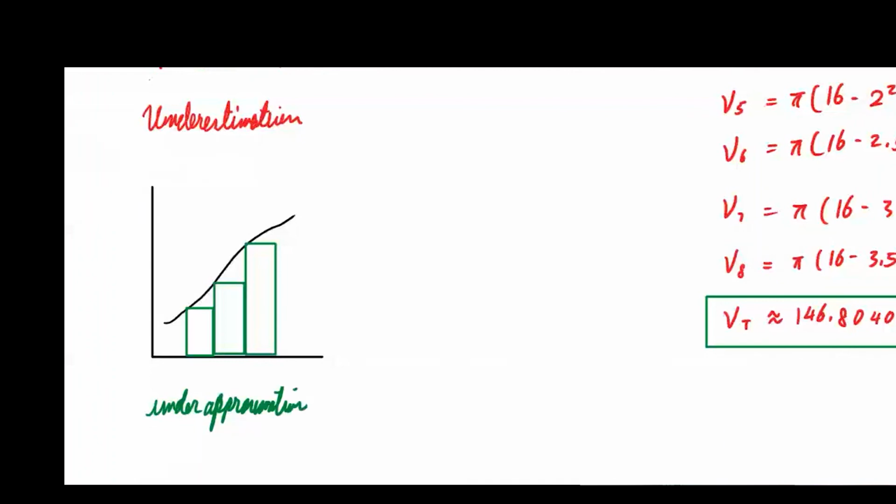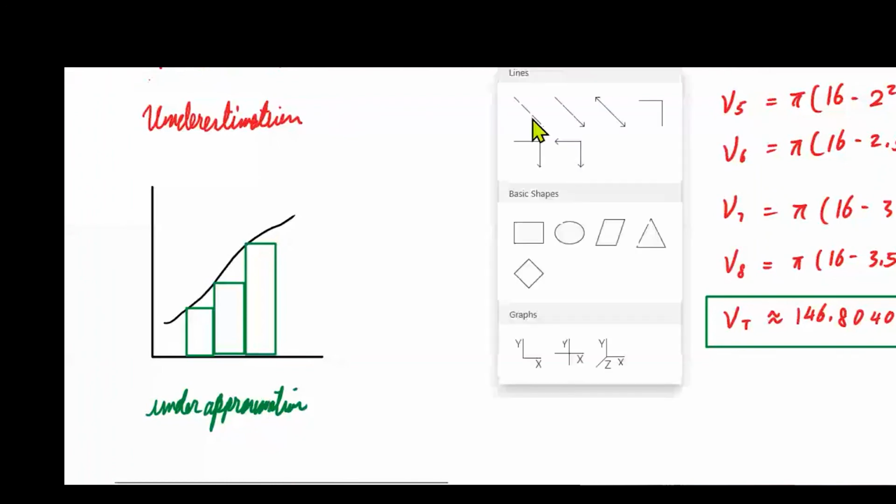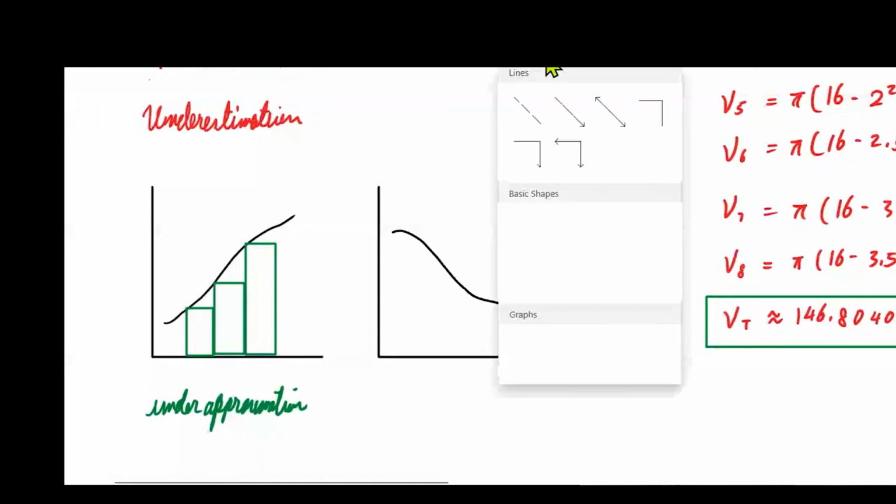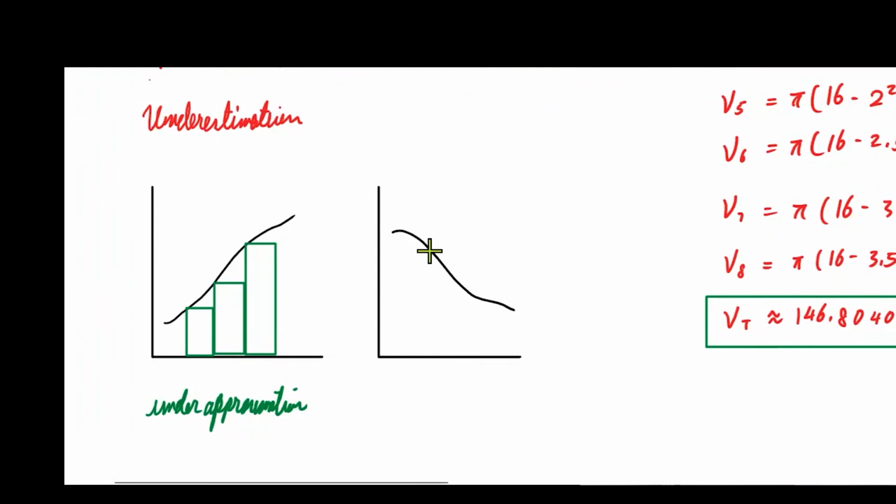However, if you have the same situation, still using left rectangles, say we have a function like that, and now our function is decreasing. Then if we draw the rectangles with the left rectangle now, I'm gonna draw one more.